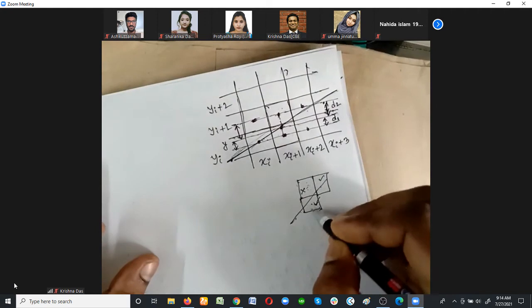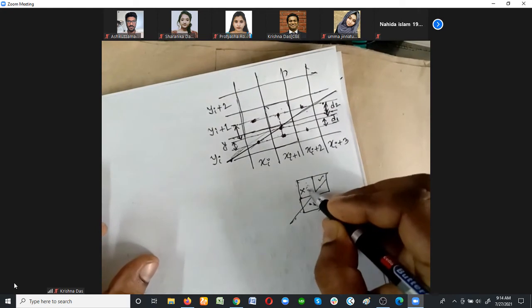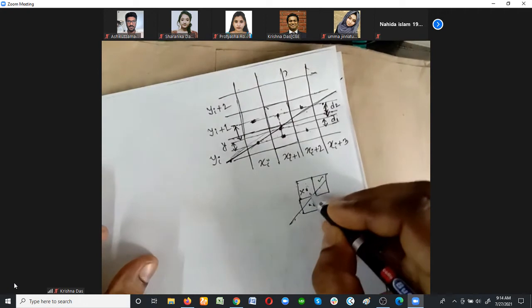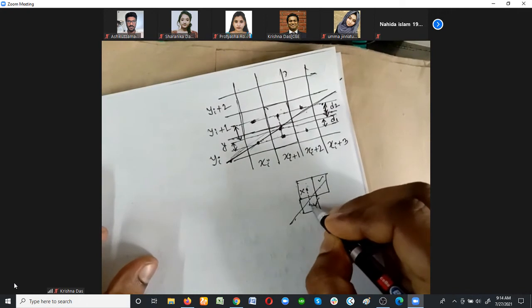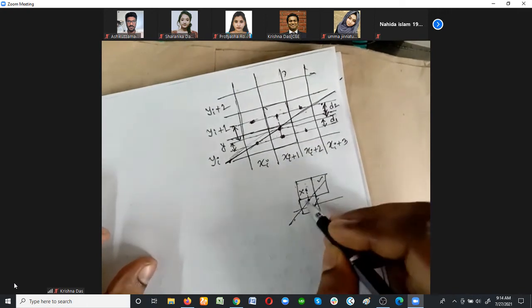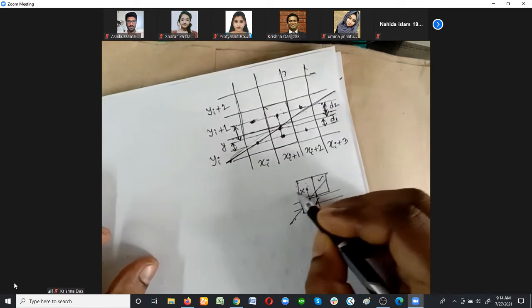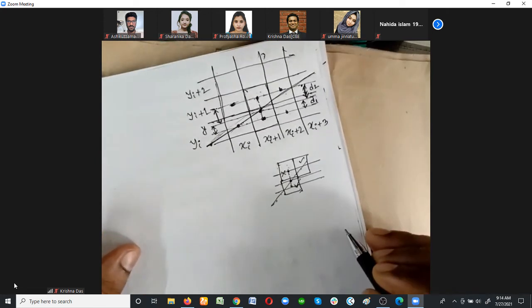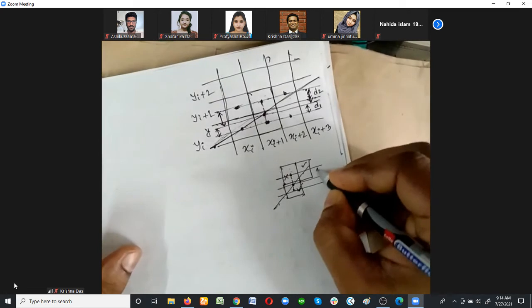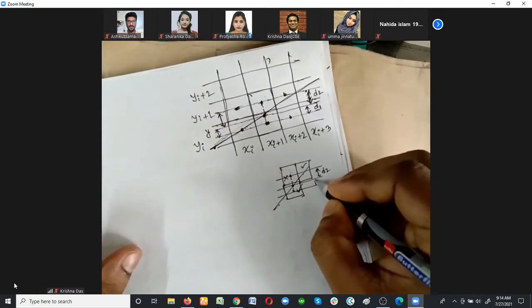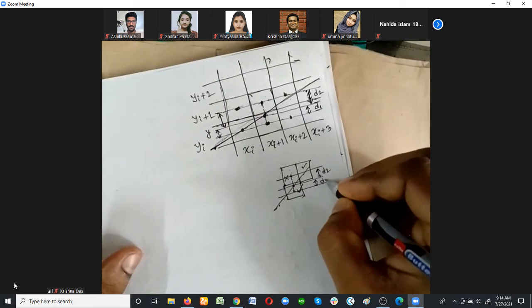If we consider this point, maybe if we go like that, and if we join it, this is the point we have joined, and we can see here this is my line. So this is the D2 and this is the D1.